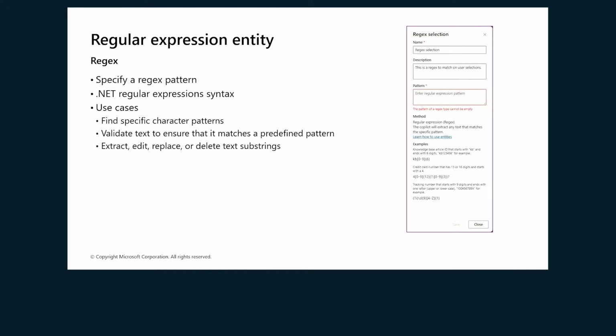First, regex entities allow you to define specific patterns that you want to match in user inputs. These patterns can be anything from email addresses and phone numbers to more complex sequences like credit card numbers and IP addresses. When a user inputs text, the regex entity scans the input to find matches based on the defined patterns.